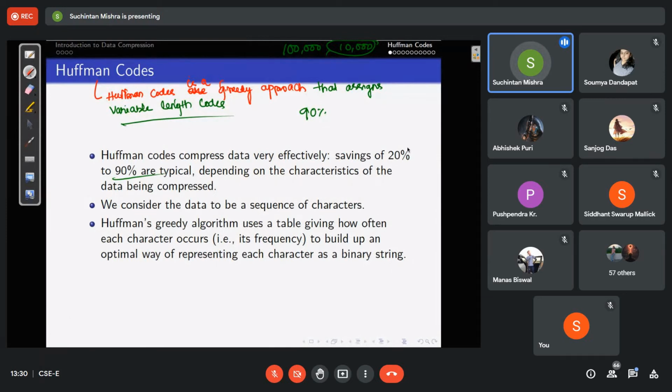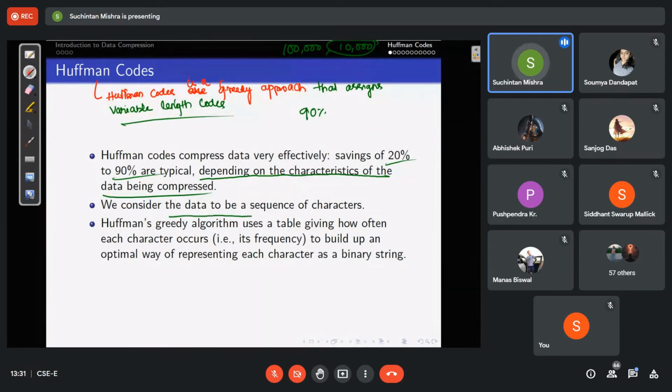There are some cases where Huffman code can achieve only 20% compression. So this Huffman coding scheme achieves a compression ratio of 20 to 90%, depending on the characteristic of the data that is being compressed.